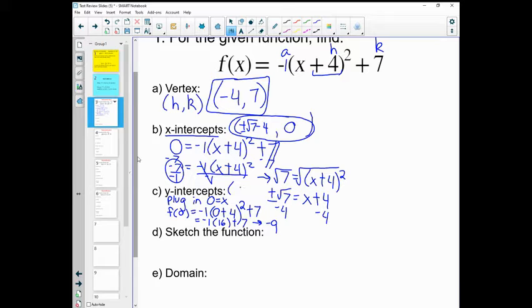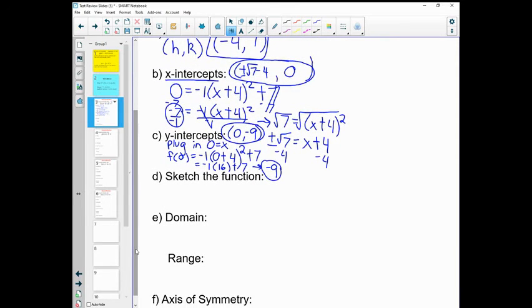So our y-intercept is 0 was the x value we plugged in. When we evaluated that equation, we got -9. So that is our ordered pair, 0, -9.